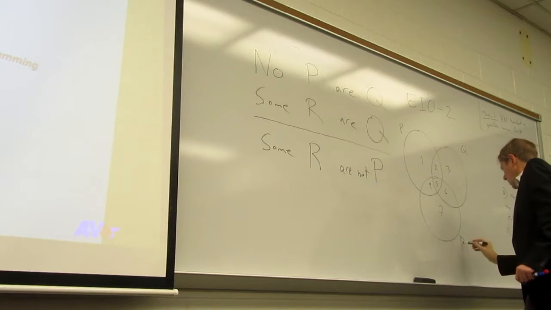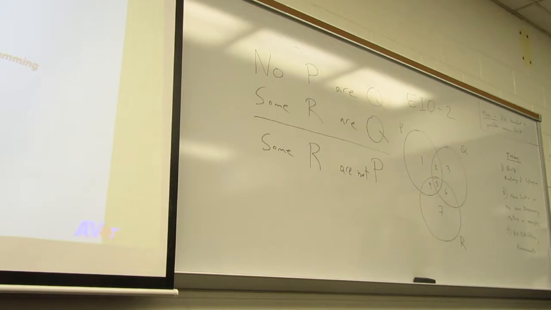We'll give you a look at what diagramming with an E statement looks like. You should already know how to do this, because I actually already showed you the sheet with only 2 circles, how you would do A, E, I, and O statements. How am I going to diagram no P or Q? 2 and 5.